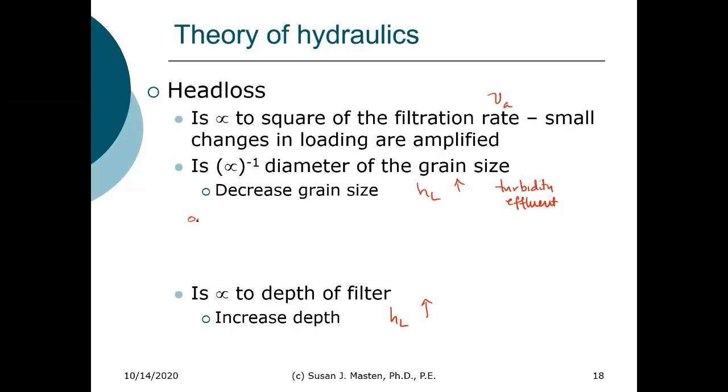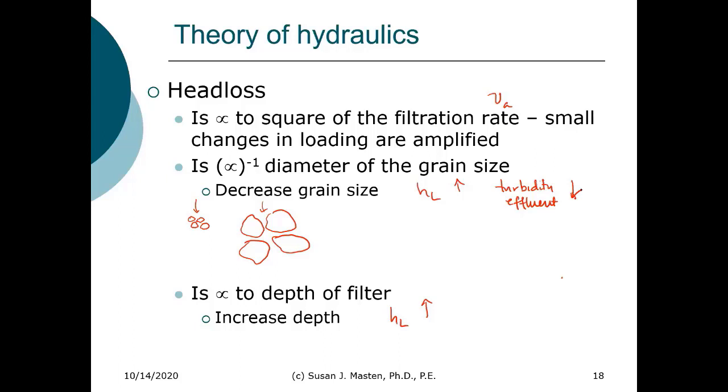If I have really small particles versus really big particles, so these are my media, and I have water flowing, which one is going to produce a better quality effluent? Or just think the smaller one. So if I decrease my grain size, what happens to the turbidity of my effluent? It goes down, exactly. So I get a better removal efficiency.